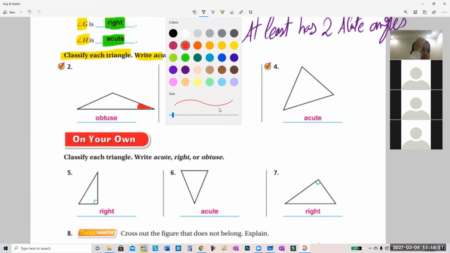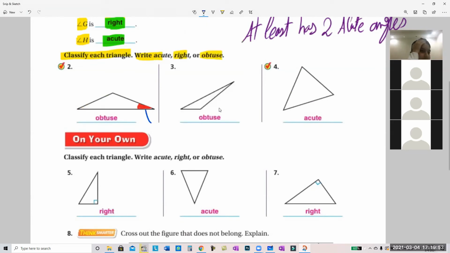The number 3. Number 2, I'm asking about number 2. Do you see my screen? Yes, I do. Okay. This is an angle. What is the type of it? What is the type of this angle? It's obtuse. No, I don't think so.